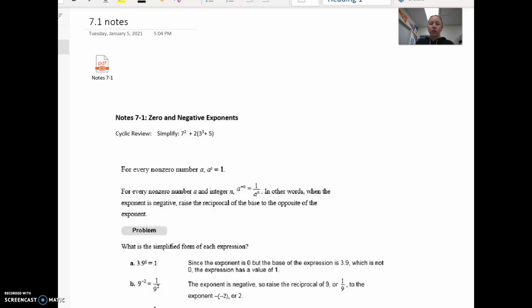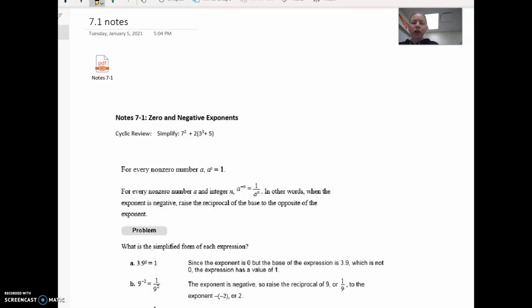We're going to start just looking here and talking about some of the properties that we'll be doing in this section. So, let me get my pen going here. I've got that ready.